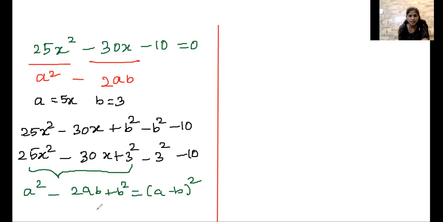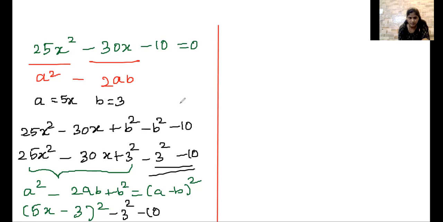So now I can rewrite this as 5x minus 3 the whole square, because the value of a is 5x and the value of b is 3. And I'm left with these 2 terms, which is minus 3 square and minus 10.